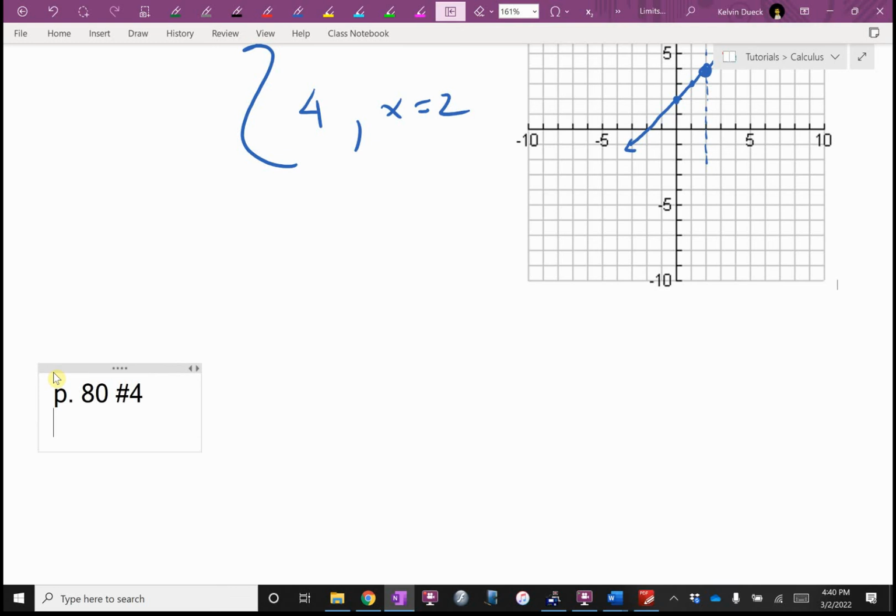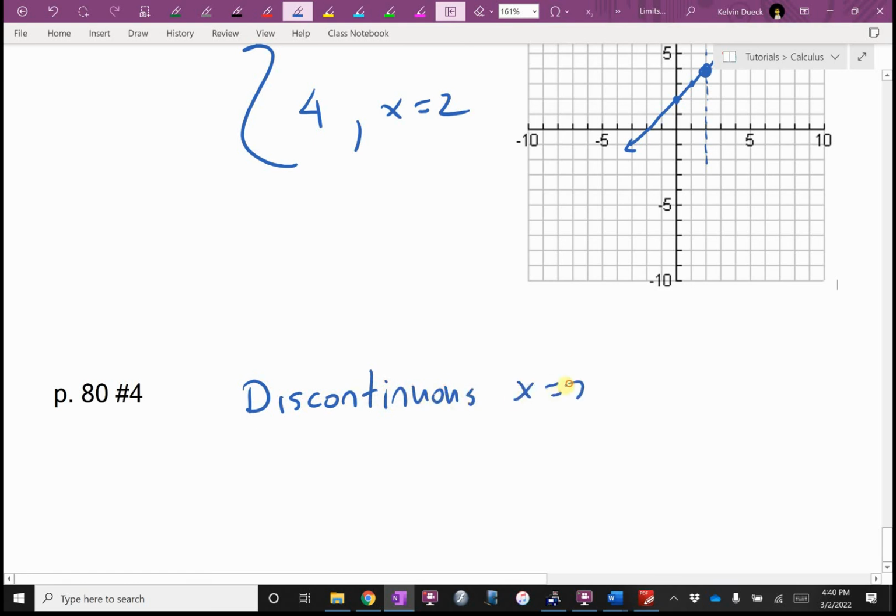So for what values is f continuous? I'm going to flip the question. Where is it discontinuous? And it'll be all the other values. Look at the graph. You see where the graph is, right? Where is it discontinuous? It looks to me like it's discontinuous at x equals 0.